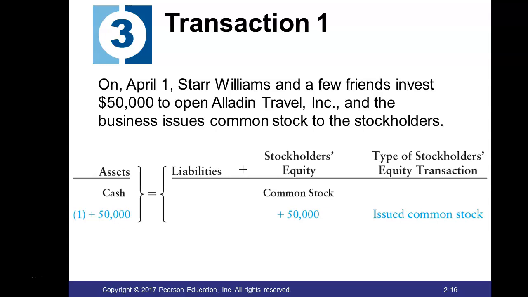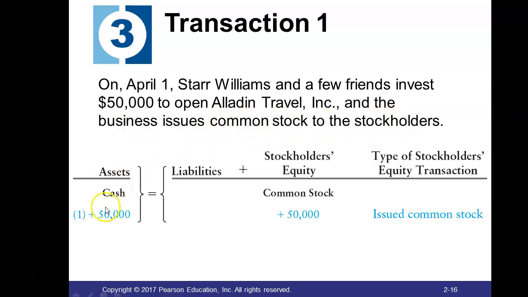So when you're looking at transactions, it's important to break them apart a little bit, because it makes it easier to determine which accounts, meaning more than one, affect a particular transaction. We've got one account, which is the $50,000 in cash, and we were able to deduce that the other account is going to be common stock, because it says issues common stock to stockholder.